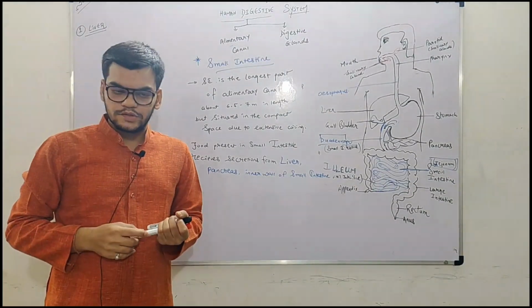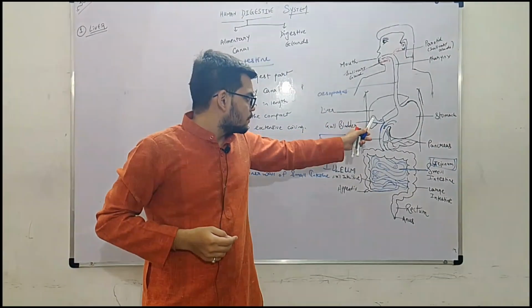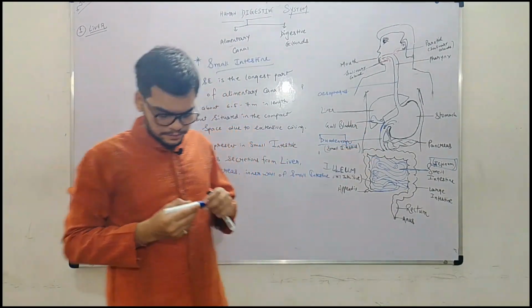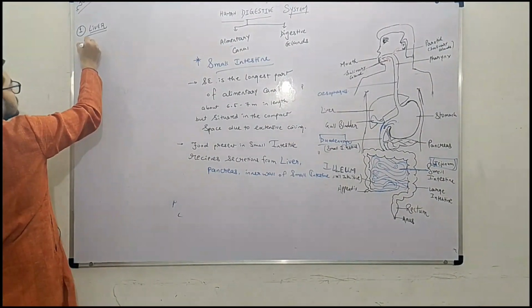Liver secretes bile juice, which is temporarily stored in a muscular pouch called gallbladder.